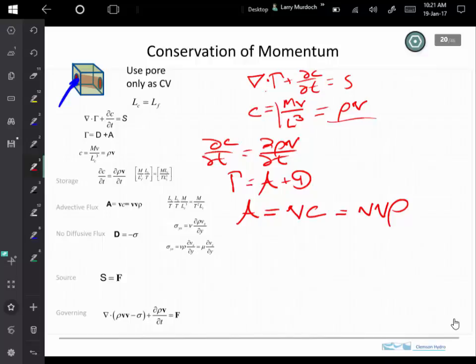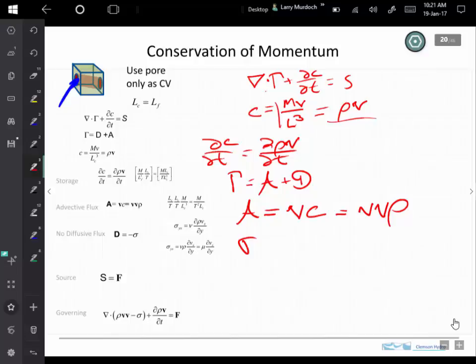Now, the diffusive flux, that's a little different. What we said for diffusion is that we're not relying on the fluid flowing. What we have is that the flux is driven by a gradient in the dependent variable.